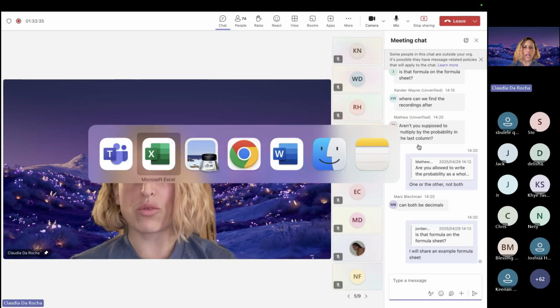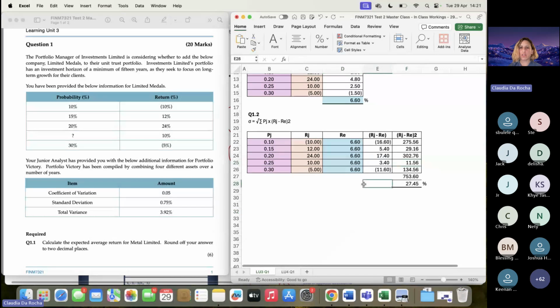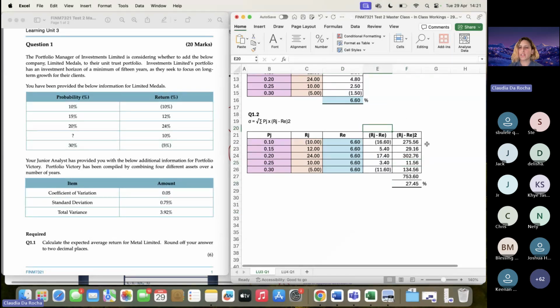Well, you are right. I am supposed to multiply by the probability. I forgot that. Thank you. So let me do that. Remember it's that times squared, and then there's still one more step, where I have to multiply by the probability.